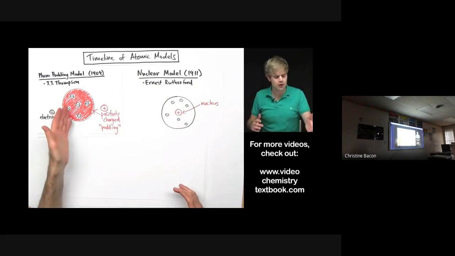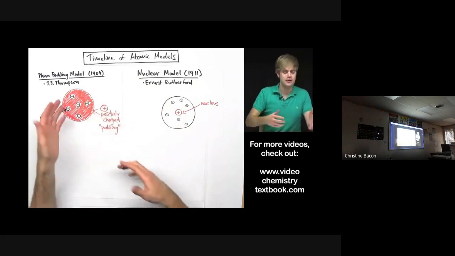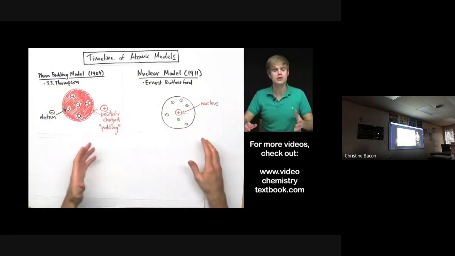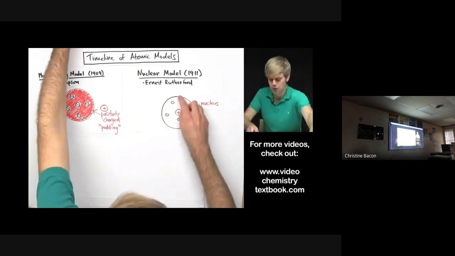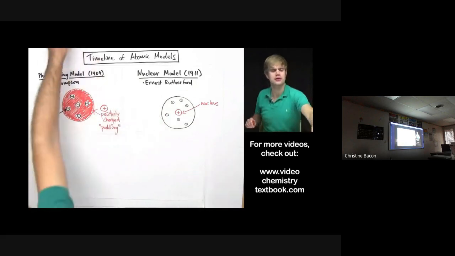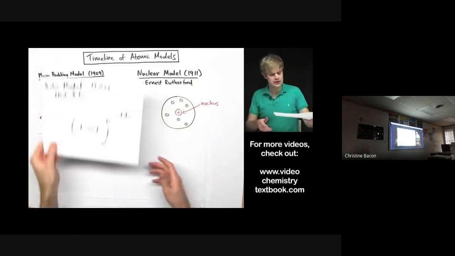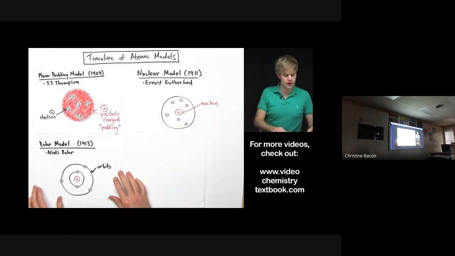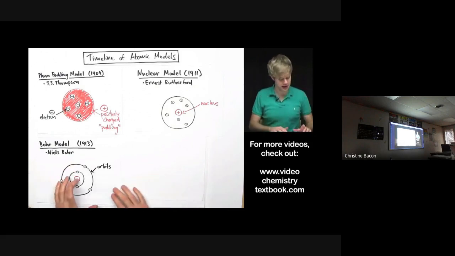Now, so far we've been talking a lot about the positive charge and the nucleus of it. But we haven't talked too much about what's actually going on with these electrons in the atom. And in 1913, the physicist Niels Bohr came up with his model of the atom.